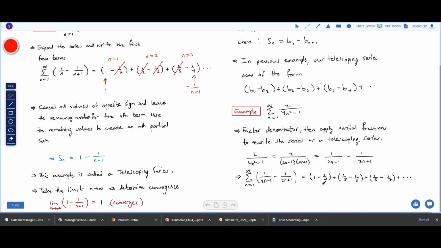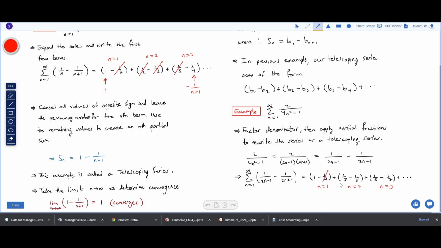We have n equals 1 over here, n equals 2 over here, and n equals 3 over here. For n equals 1, the minus a third cancels out with the plus a third for when n is 2.